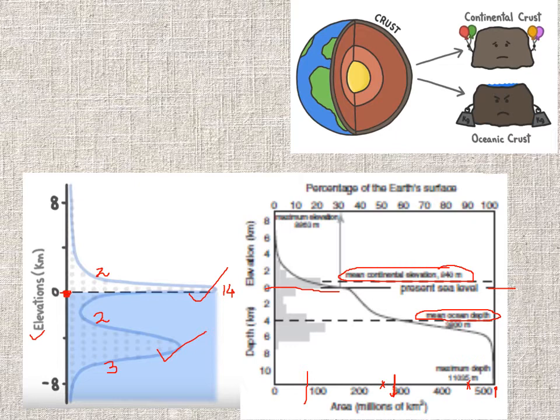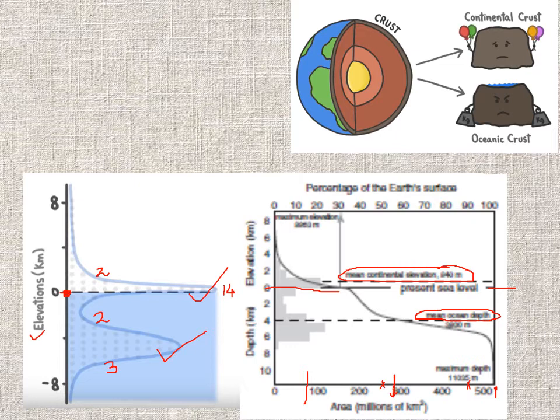Okay, so these are the mean values, that means most frequently encountered height and depth values over the entire earth surface. As these are the most frequently encountered height and depth, the number of locations having that particular height or depth will be more compared to other heights or depths.